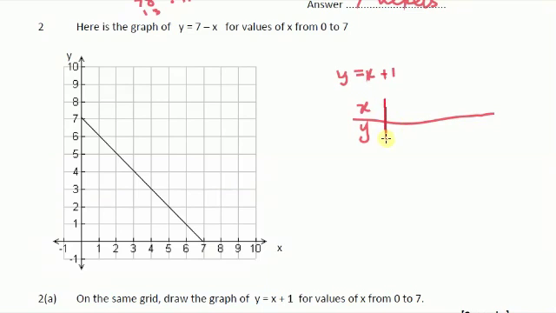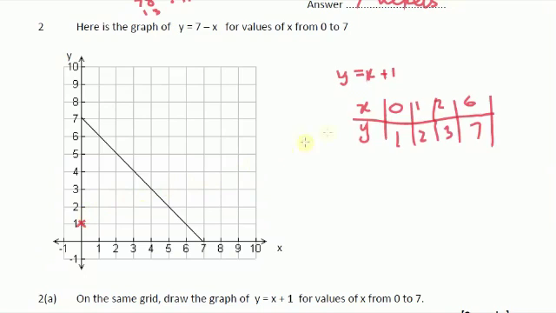Let's say if x is 0, 1, 2, maybe jump across to 6, like that. So what are the corresponding values of y for that equation? X plus 1, so 0 plus 1 is 1, 1 plus 1 is 2, 2 plus 1 is 3, 6 plus 1 is 7.